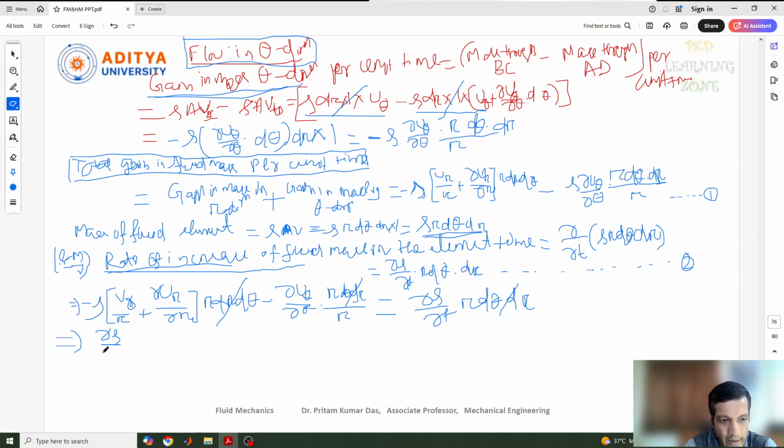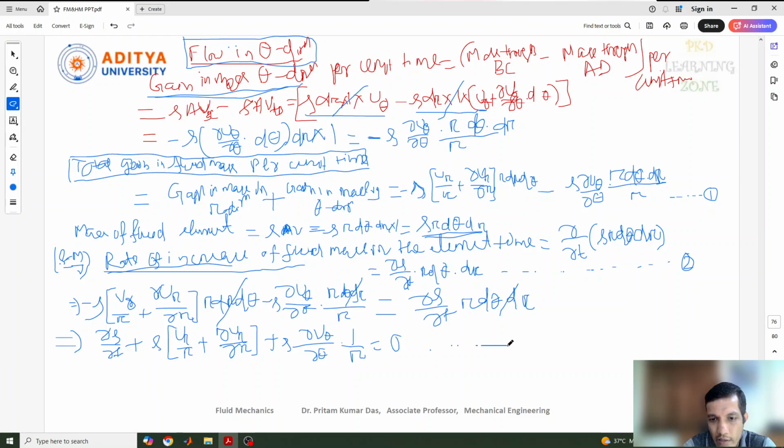So del rho by del t plus rho into ur by r plus del ur by del r, bracket close, plus rho del u theta by del theta divided by r, into 1 by r, equal to 0.